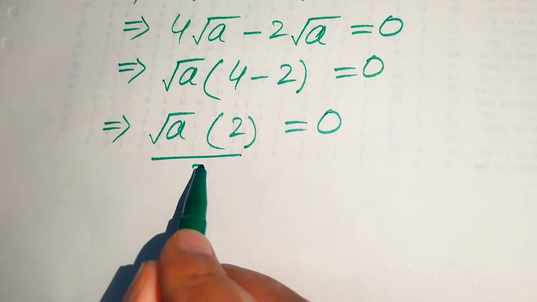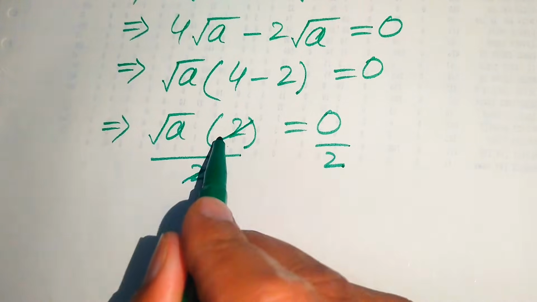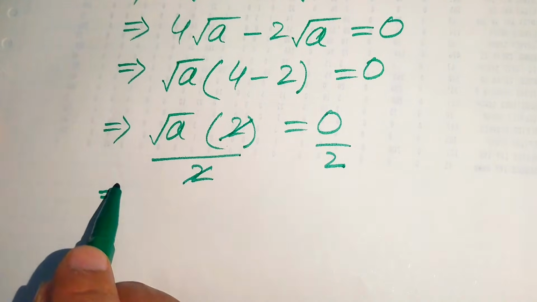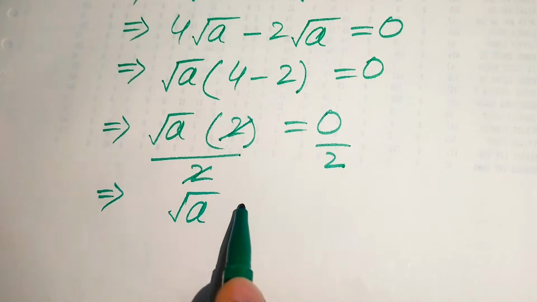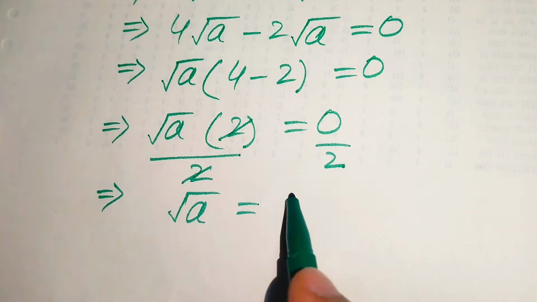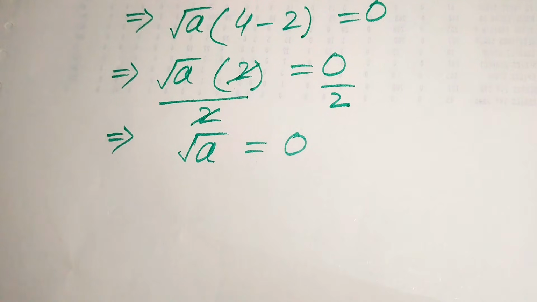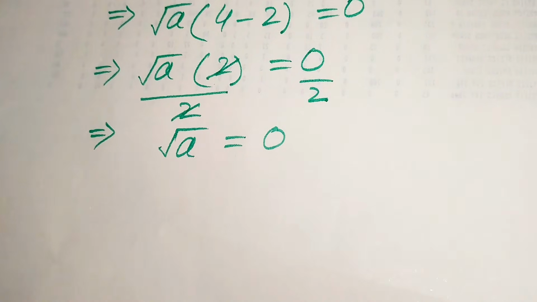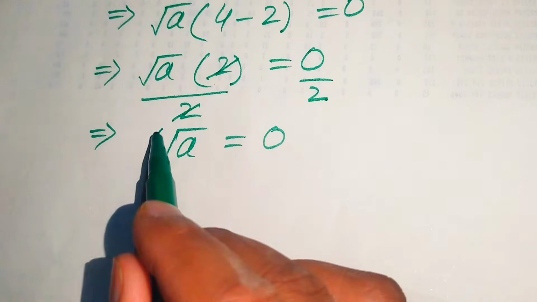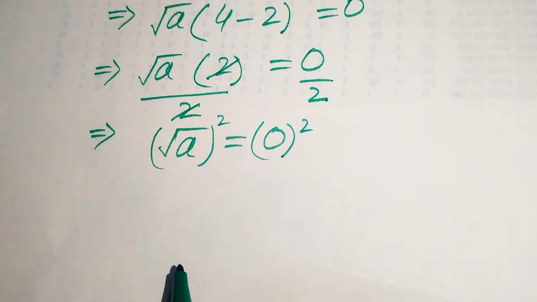Now we divide both of the sides by 2. This 2 and this 2 are gone, and we get the square root of a equals 0, because when we divide 0 by 2, we always get 0. To find the value of a, we need to remove the square root sign from the left hand side, so we take squaring on both of the sides.